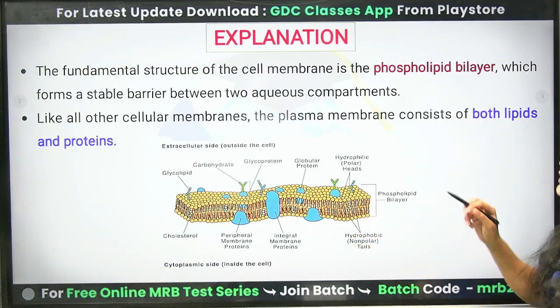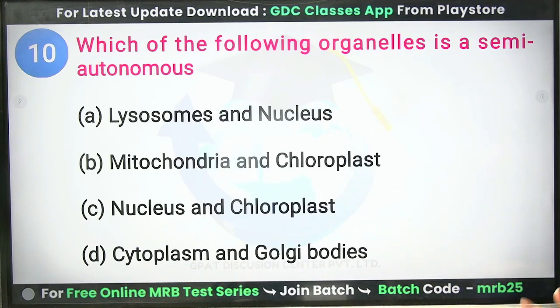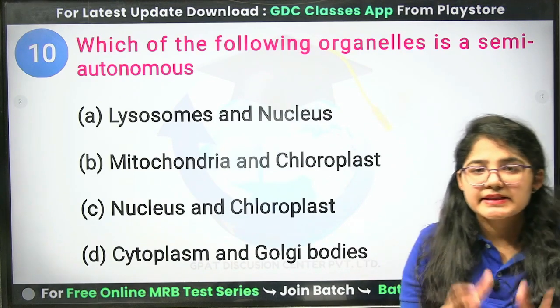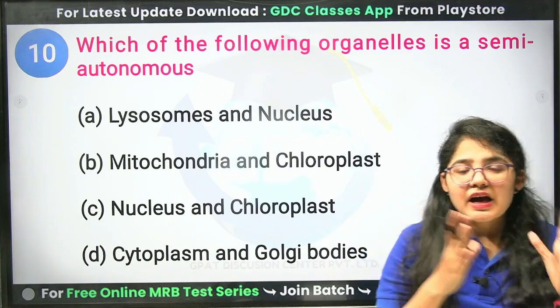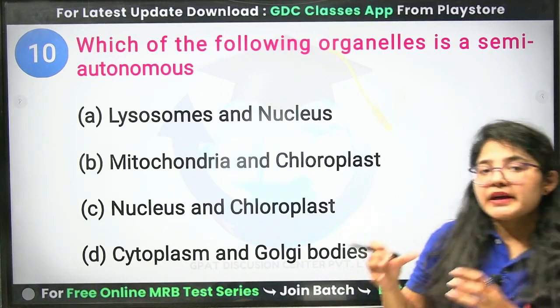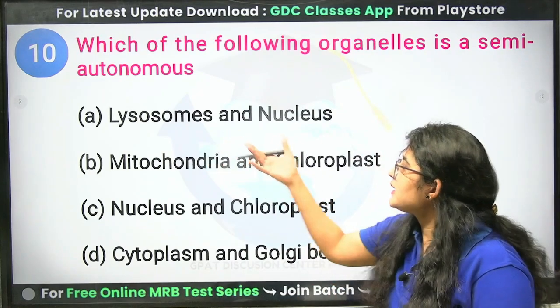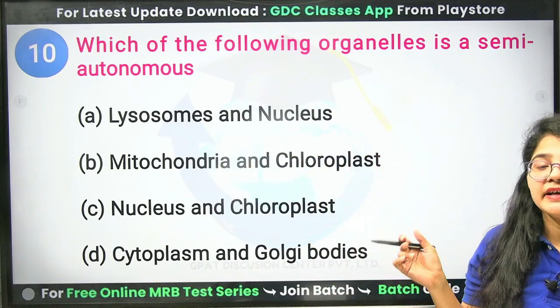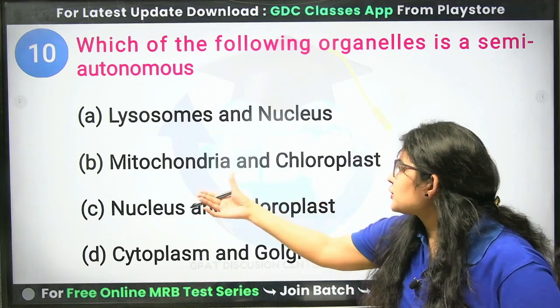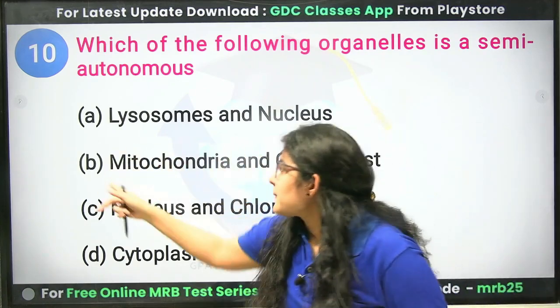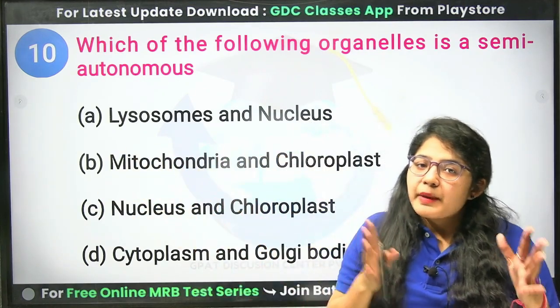Next question. Which of the following organelles is semi-autonomous? Semi-autonomous means the organelle can do half of its work by itself. Lysosomes and nucleus require energy. Mitochondria is known as the powerhouse of the cell.